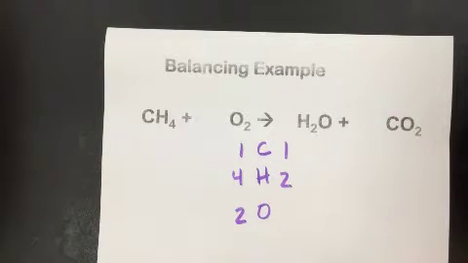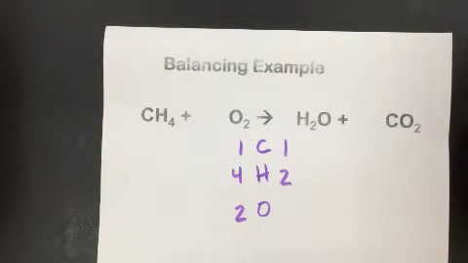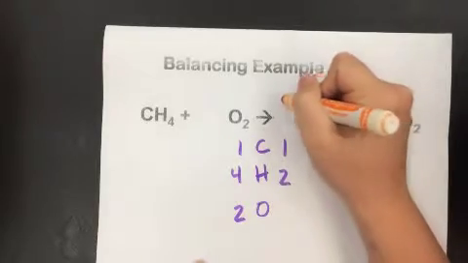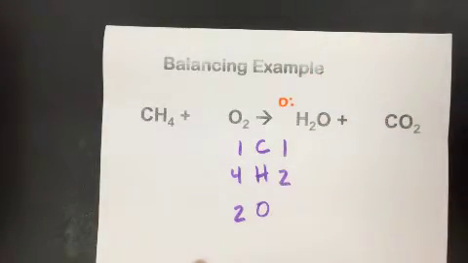Now the oxygens. And here's my tip. I'm going to tell you my tip, and if you decide to listen to it, that's going to be amazing. If you decide not to listen to it and you have a hard time doing these, I'm going to tell you to follow my tip. If you have an element that appears twice on one side, on top of the actual chemical reaction, I want you to do another number count.